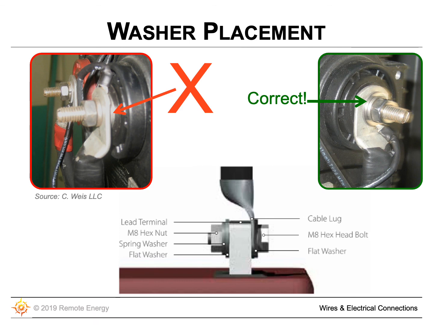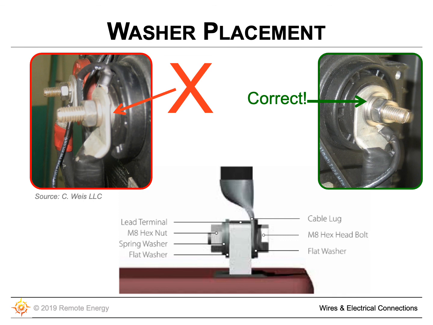So after we have our properly done battery cable crimp, we want to make sure that we install it correctly. These pictures are of an inverter, and the picture on the left shows that a washer got put between the battery cable lug and the inverter base.